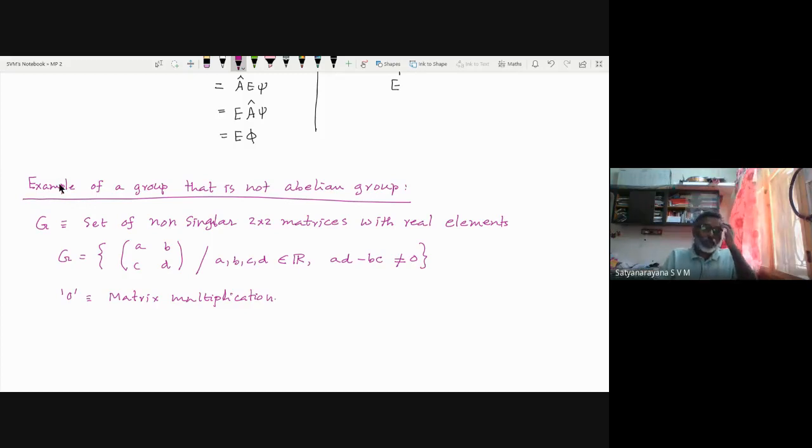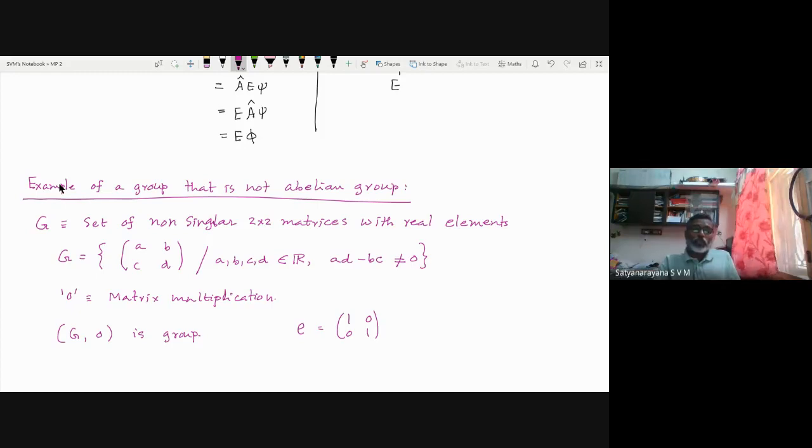Okay, now if you ask what is this (G, ∘), this is a group, which you can easily prove. You multiply any two 2x2 matrices, you will get another 2x2 matrix. Because they are non-singular matrices, every matrix has an inverse. And the identity is simply the identity matrix (1, 0; 0, 1).